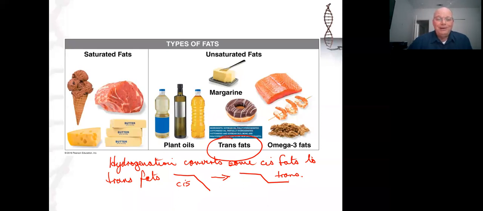Or the container represents the serving. And so you now can have a better idea of the number of calories in a container of food, like a potato chip packet from the snack machines, or a bottle of soda from a snack machine, something like that. It gives you the total number of calories per container, not per serving.